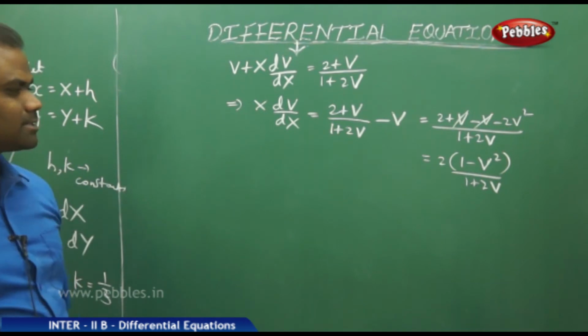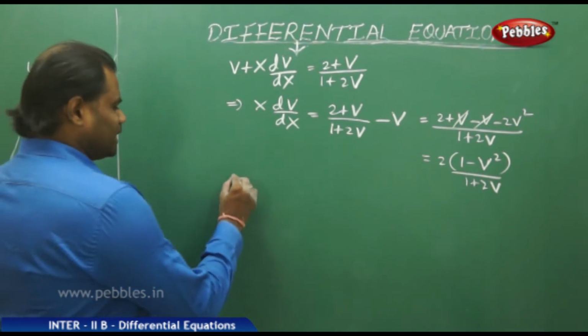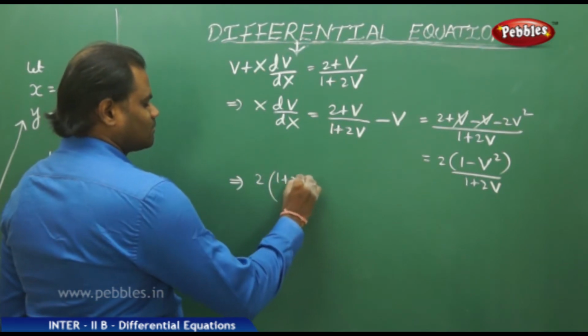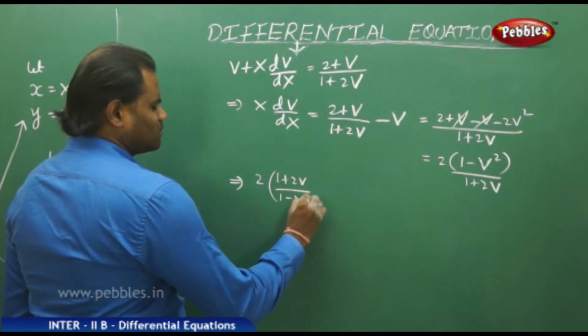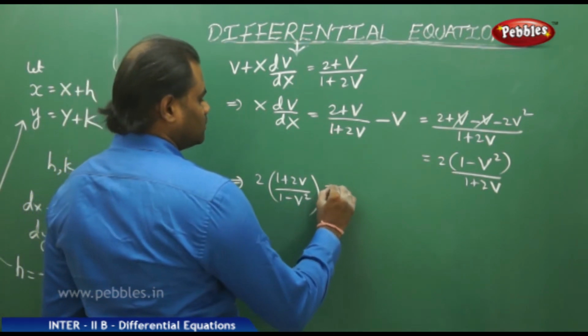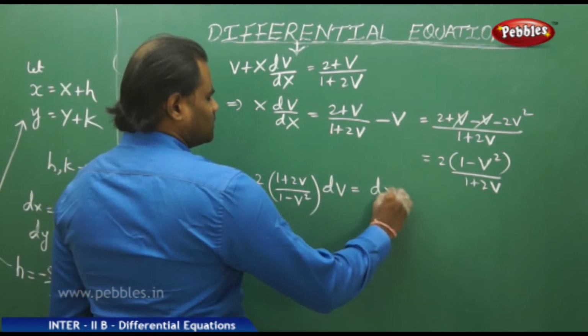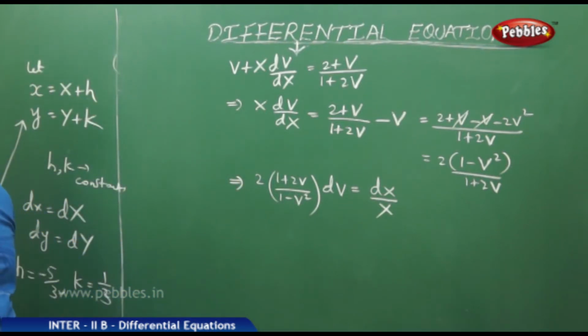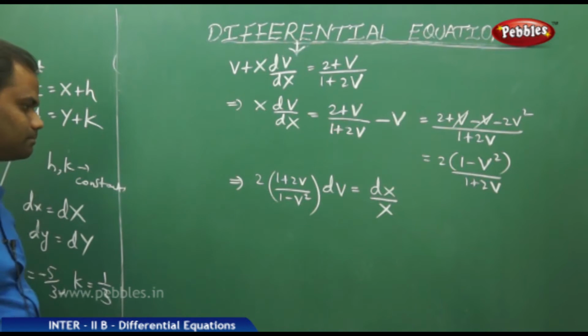Now clearly I can separate this into variables, and then I get (1 plus 2v) by (1 minus v square) dv is dx by x, which we're going to solve using the method.